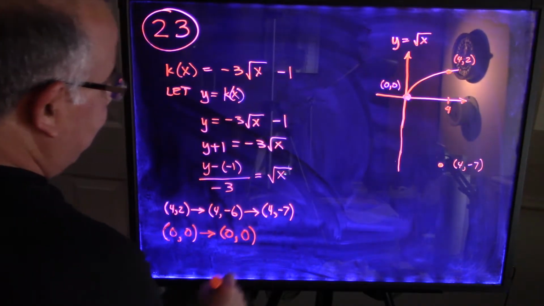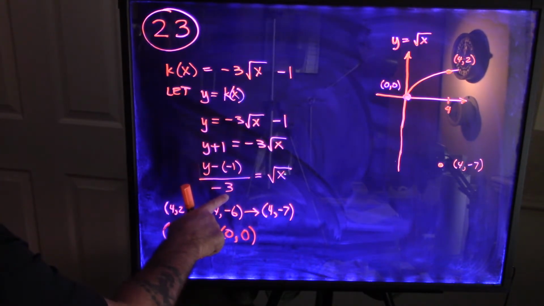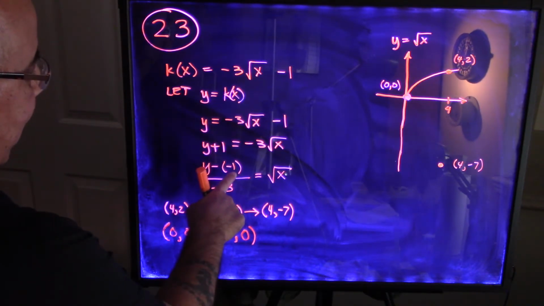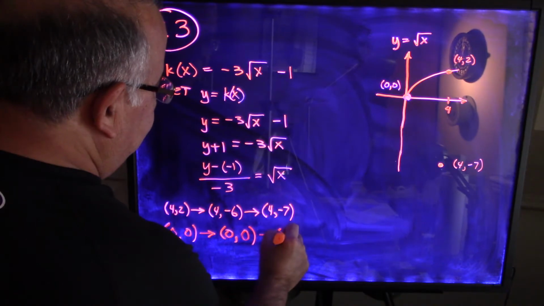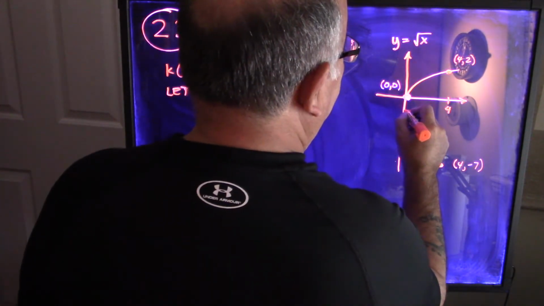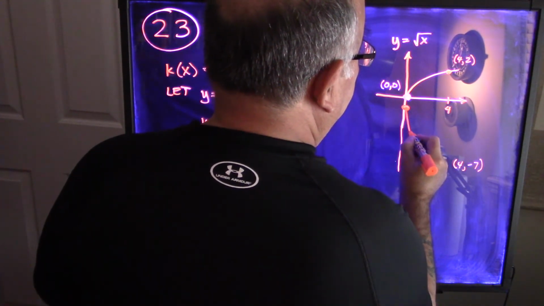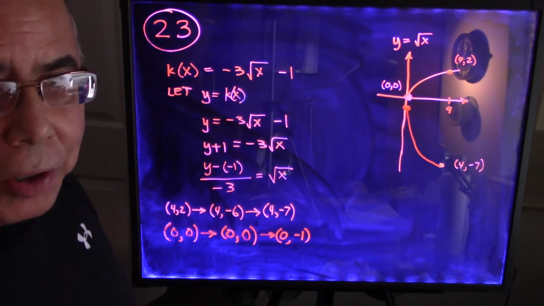So the reflection and the stretching have no effect on 0. However, add negative 1 to 0 and you get 0, negative 1. So this moves down to negative 1. We're going to get something like that. It's very poorly drawn, but you get the idea.